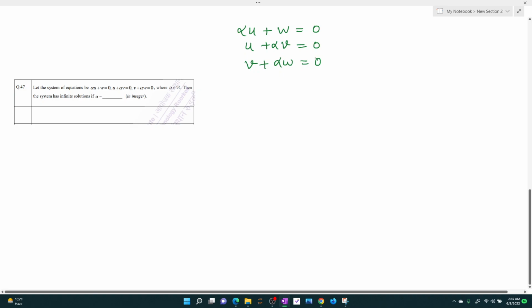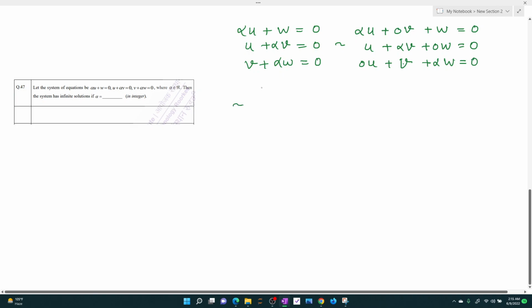So for me, this is nothing but a system of linear equations. If we want to write it again, I can say alpha times u plus 0 times v plus w is 0, u plus alpha times v plus 0 times w equals 0, and 0 times u plus 1 times v plus alpha times w equals 0, right?